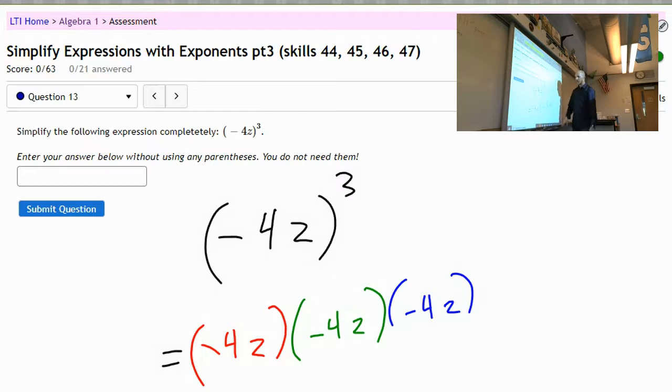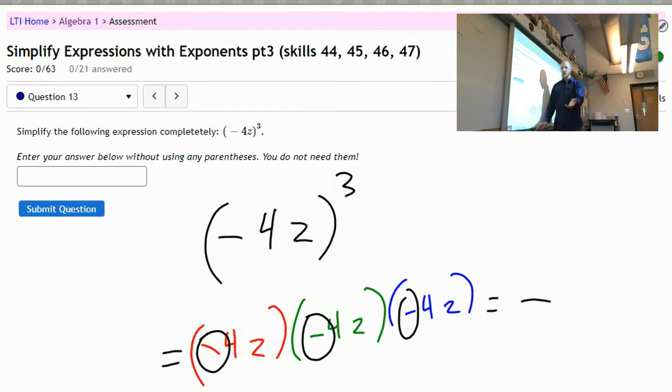Let's do the -4s. Red -4 times green -4 times blue -4. How many negative signs is that? There's 1 negative sign, 2 negative signs. Negative times a negative is positive. Times another negative sign makes it negative again. Final answer is going to be negative.